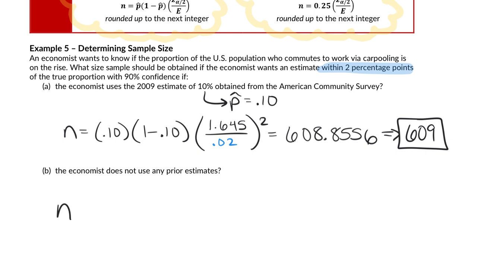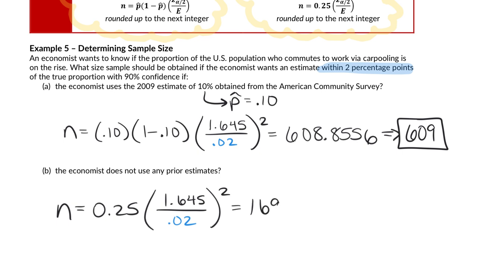This time we're using N equal to 0.25 times that critical value, which you guys already told me was 1.645, divided by the error, still 0.02, squared. What number do we get here? 1691.265.